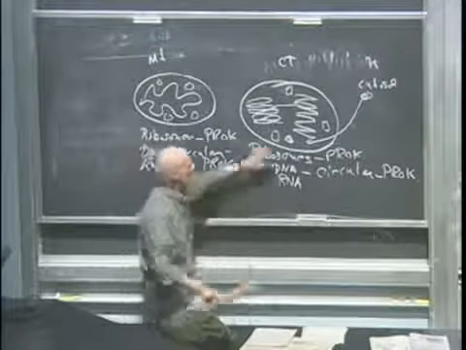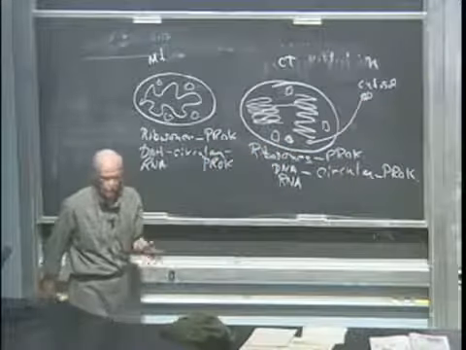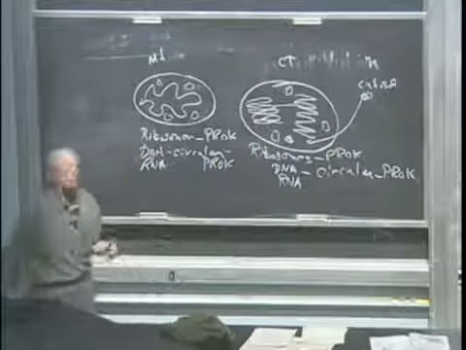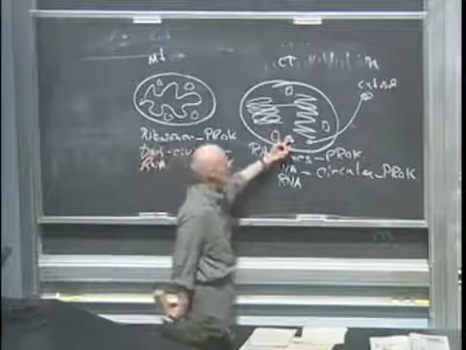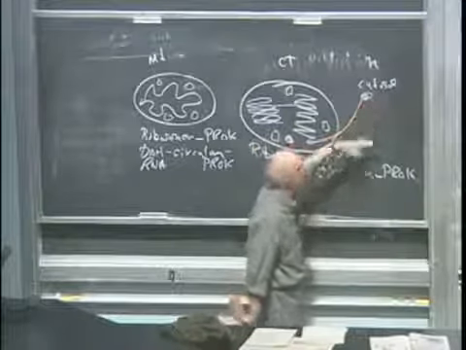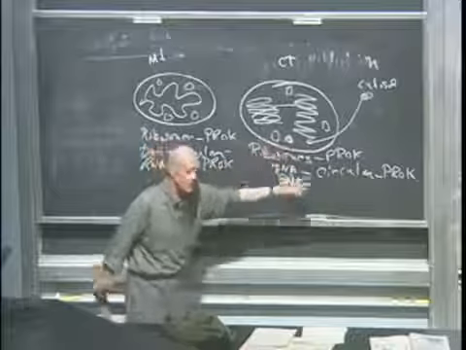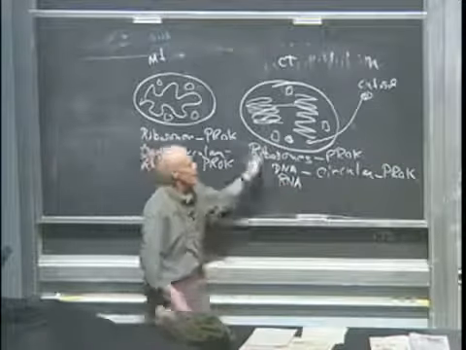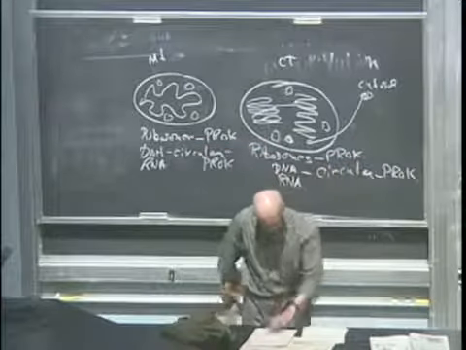How these two processes are coordinated is sort of an interesting problem that people are, let me just say, worrying about, trying to figure out: how does this guy outside the chloroplast know that it has to be transported into the chloroplast to form a functional enzyme? There's communication between inside the organelle and outside the organelle.